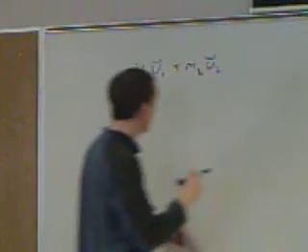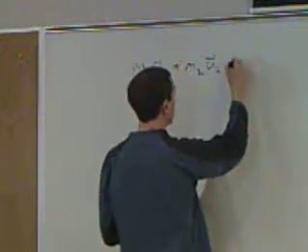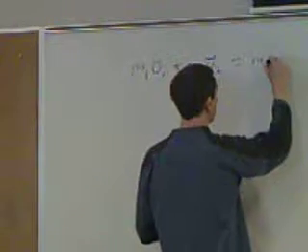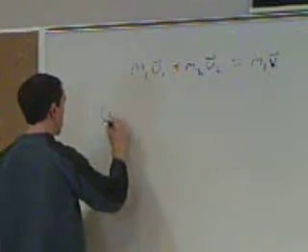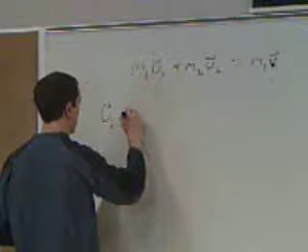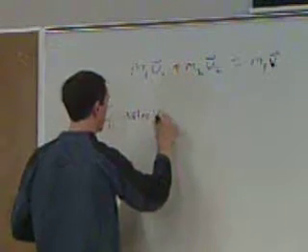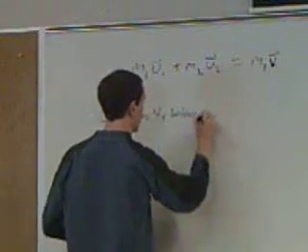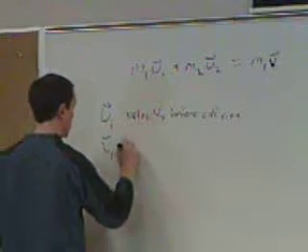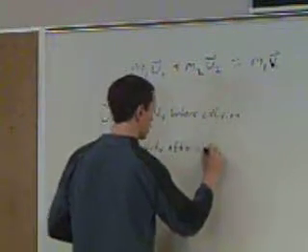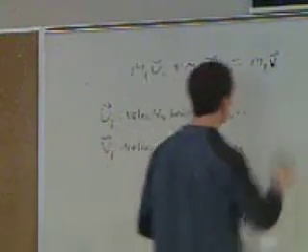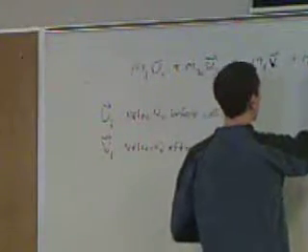We're doing that. So that's going to equal m1 v1 plus m2 v2, where u is the velocity before the collision and v is the velocity after the collision.